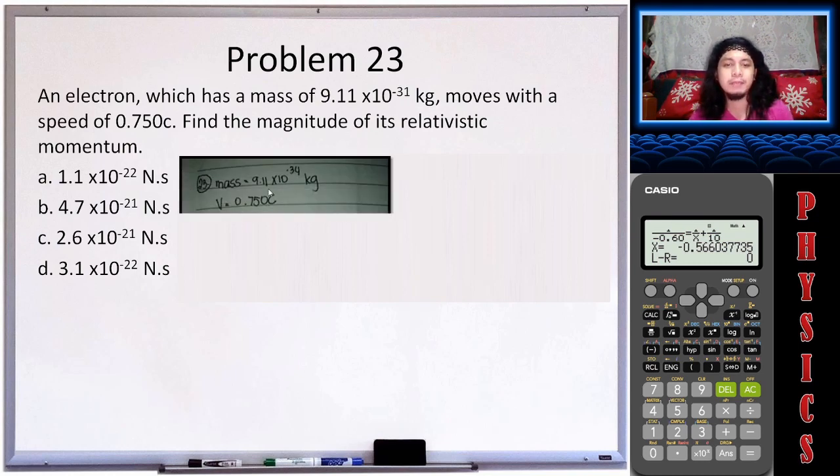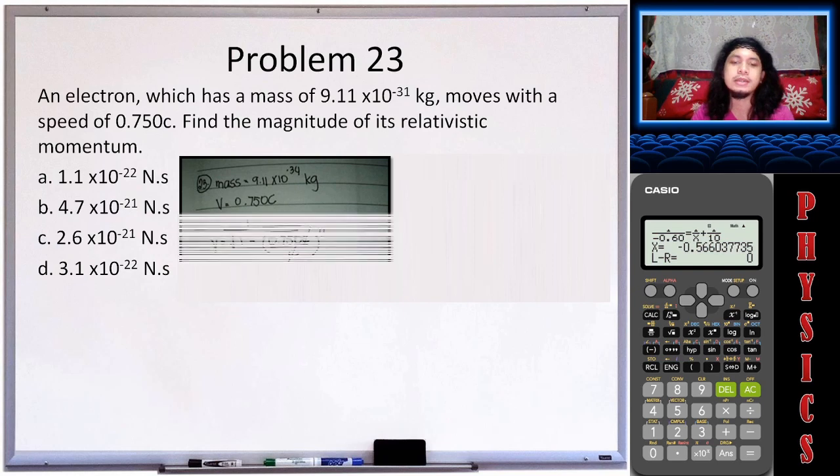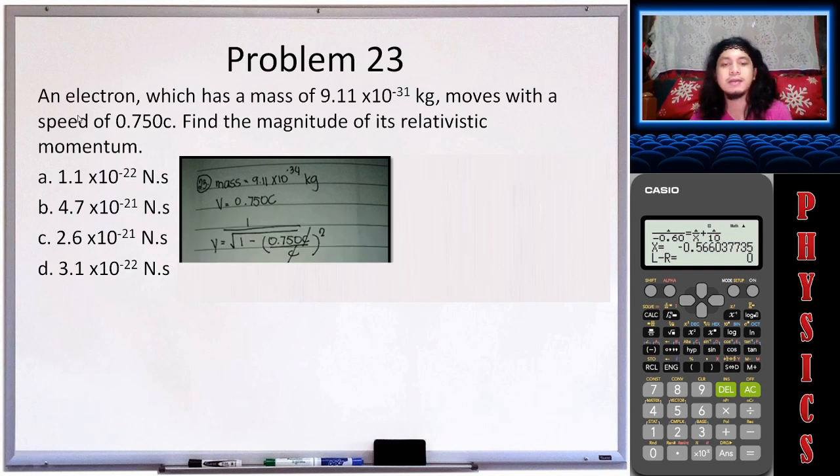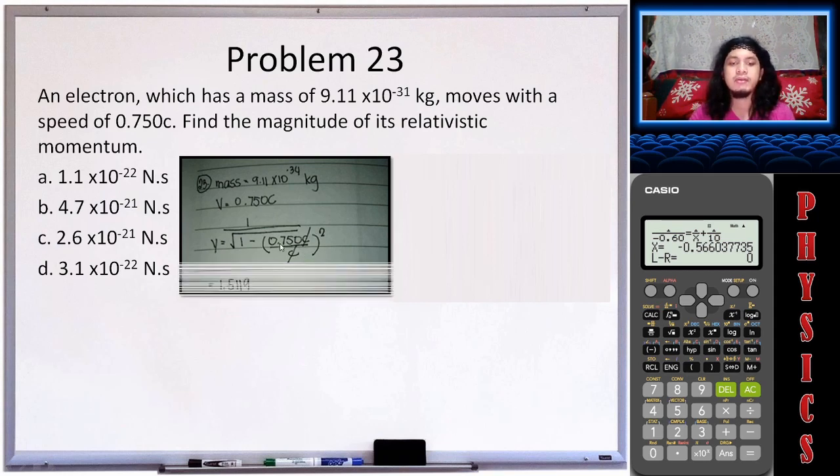So, mass is 9.11 times 10 to the negative 31 kilograms and velocity is 0.750 c. Game. Let's do this. So, Lorentz factor: 1 over square root of 1 minus 0.750 c over c square. Cancel si c. And then, we'll find the Lorentz factor is 1.5119. And upon getting the Lorentz factor, the next thing is kailangan natin hanapin si relativistic mass.